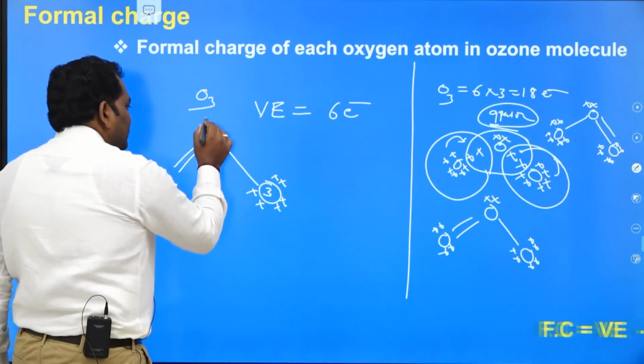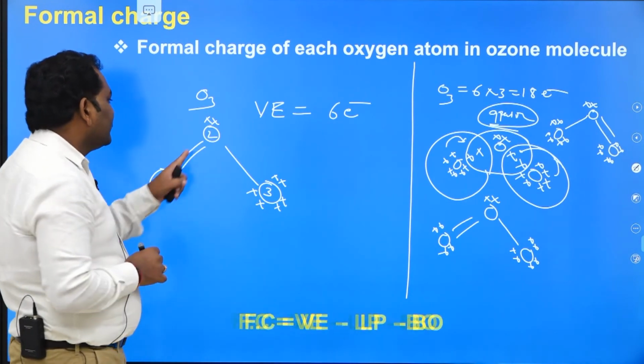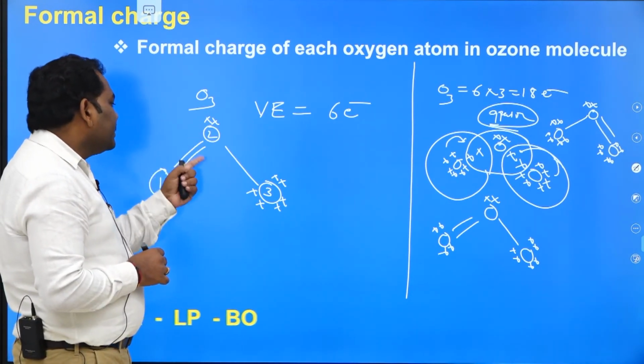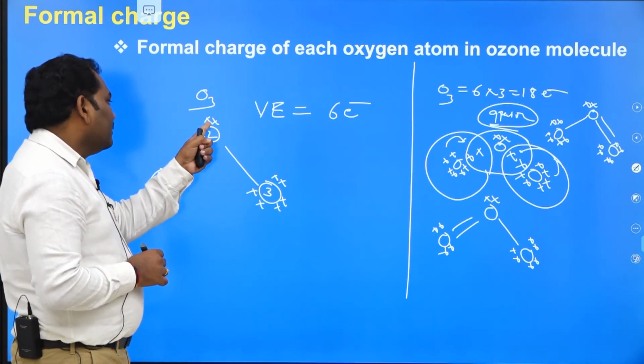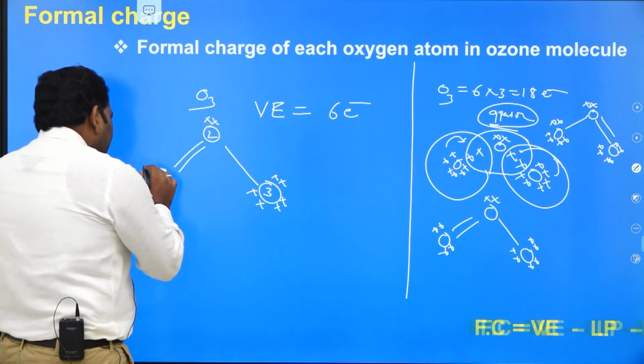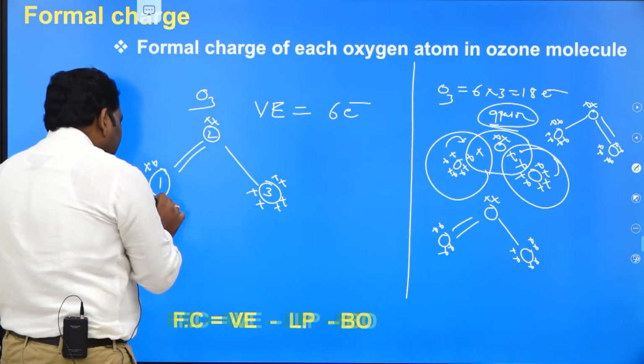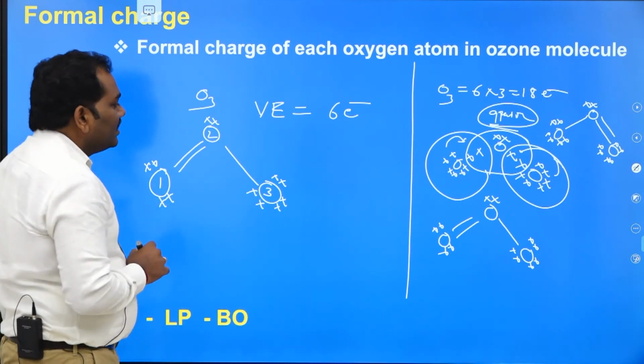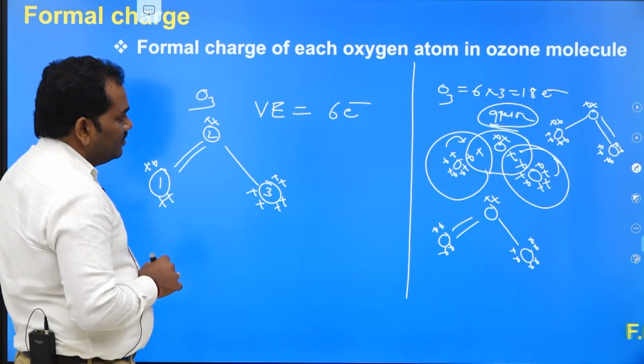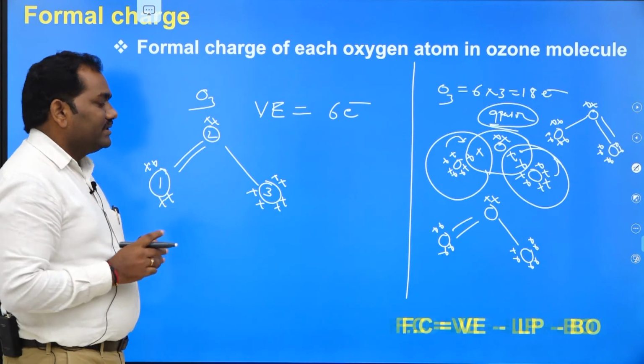The second oxygen contains three bond pairs and one lone pair. The first oxygen contains two bond pairs and two lone pairs.